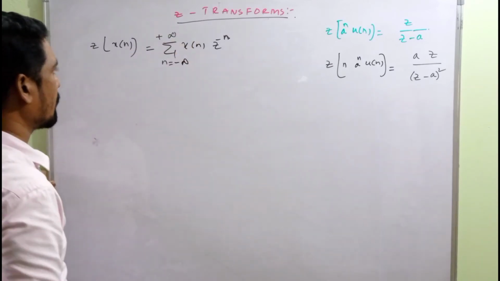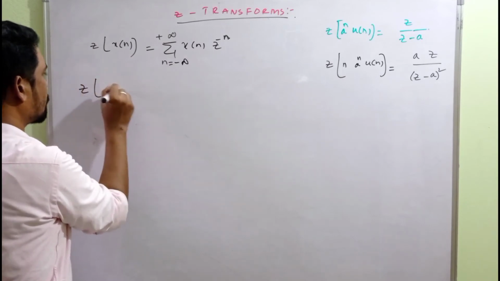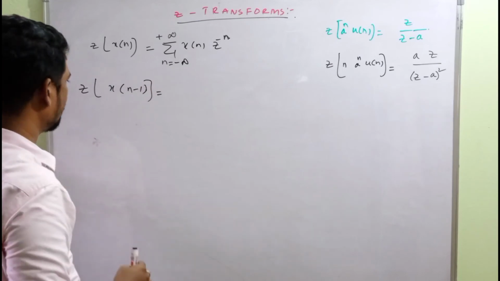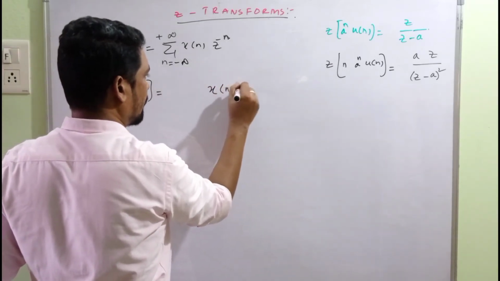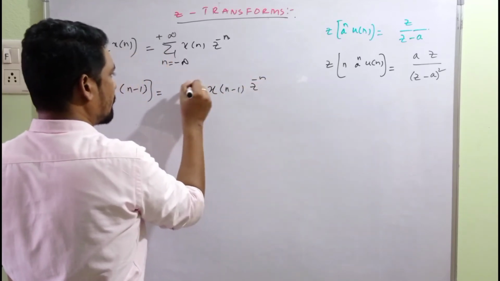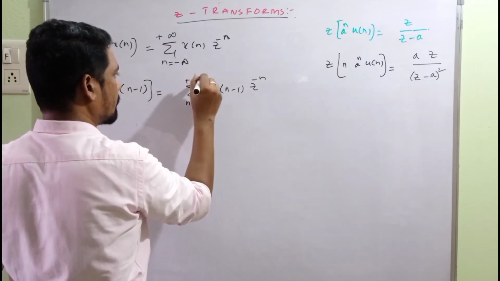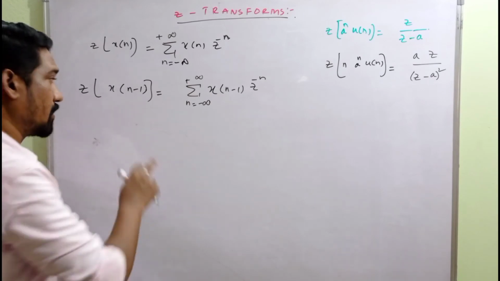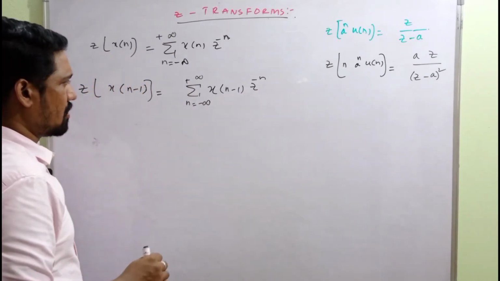So if this is the case, what is the z transform of x of n minus 1? The same thing: the given function x of n minus 1 is multiplied with z raised to minus n, and summation is obtained from n equal to minus infinity to plus infinity. Nothing to worry; whatever the given function is, it is multiplied with z raised to minus n.